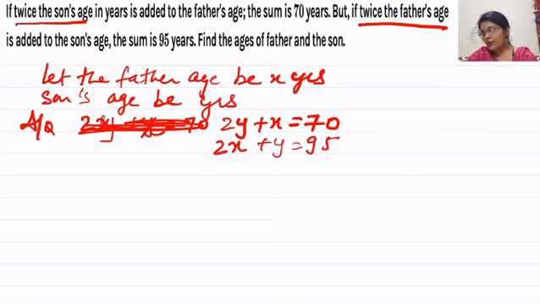So this is the question given to you. One is 2y plus x is equal to 70, and another is 2x plus y is equal to 95. So we have to simply find out the value of x and y in this, and then we will get the age of father and son.